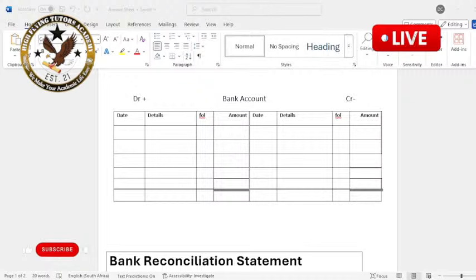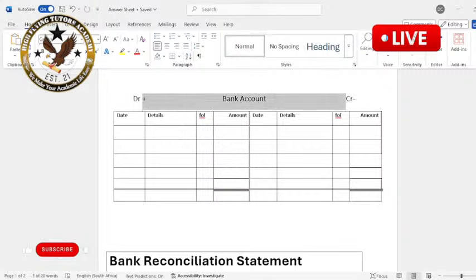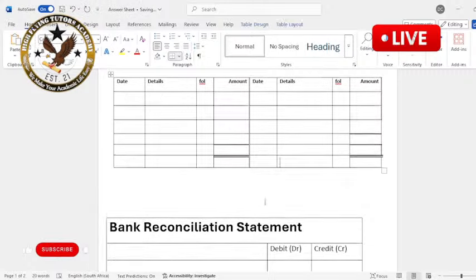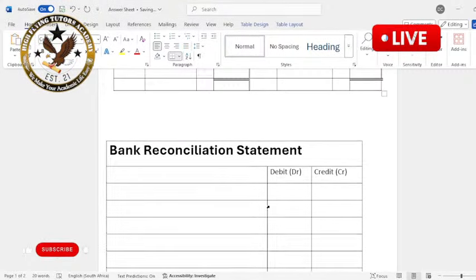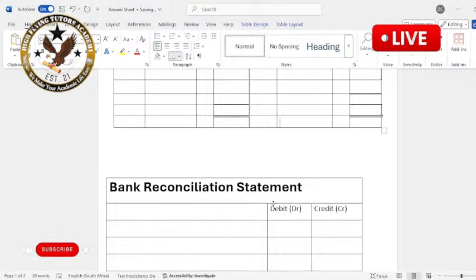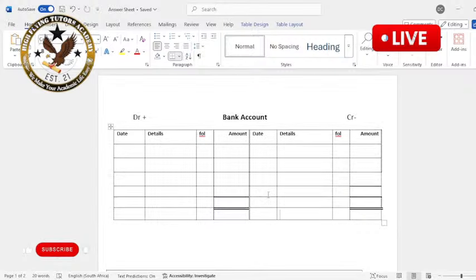On the answer sheet, we've got our bank account, and then we've got our bank reconciliation statement, right? I'm not going to dwell much on how this should look, but I'm going to dwell on how you prepare this and on the understanding of the two, right?